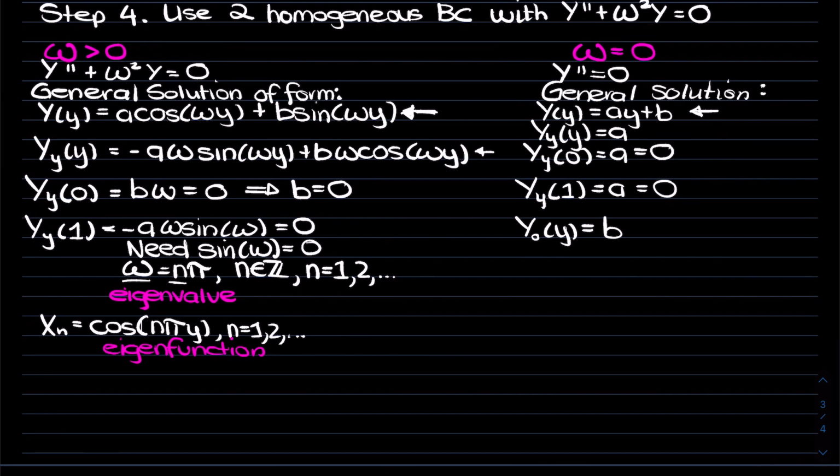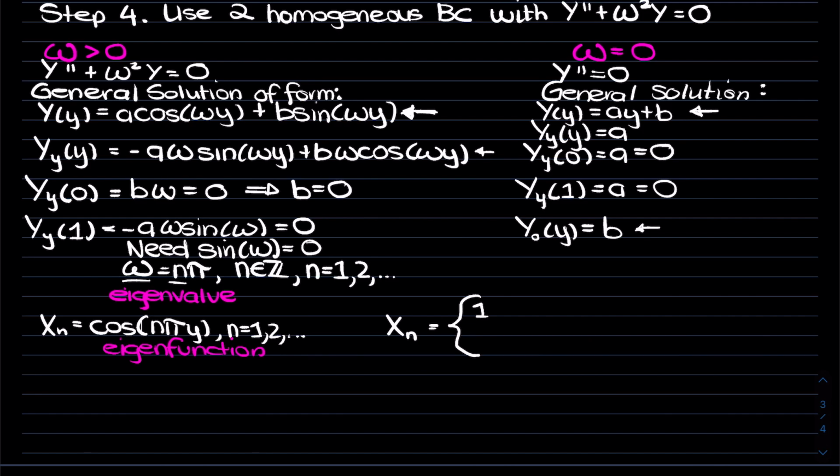So what we can say is that the lambda equals 0 case is a valid case, and we already know this because we're working with Neumann boundary conditions, so that's always going to be the case. But what I'm going to do now is write our proper eigenfunction, now that we've taken into account both of the possible signs of lambda. So I'm going to write X of n equals 1, and I'm just calling b 1 because, as I said, a multiple of an eigenfunction is an eigenfunction, where we end up multiplying this again later on.